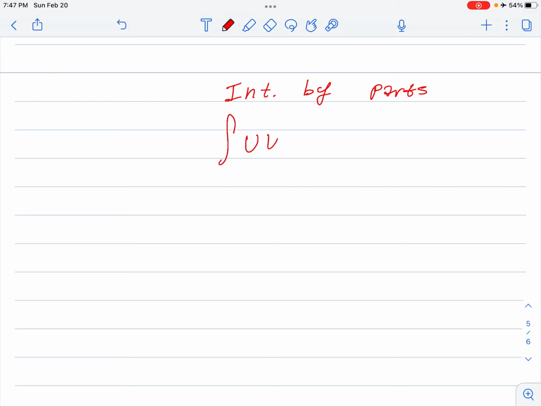I think there are a few ways to write this. I've learned it with u and v. Maybe keep it general: uv minus u prime v, because the hope is that we're trying to simplify this thing and not make it any more complicated, right?